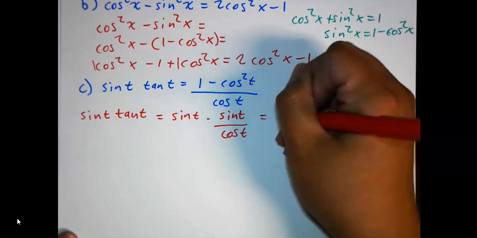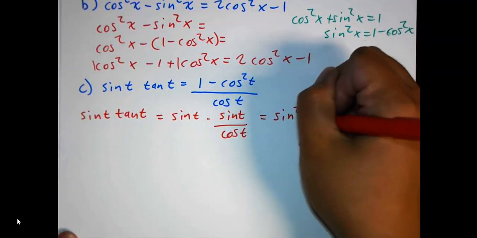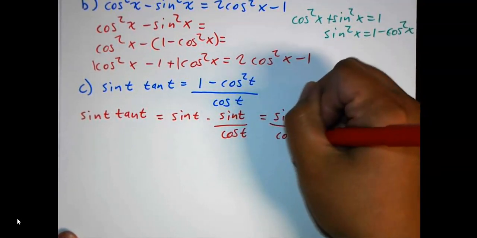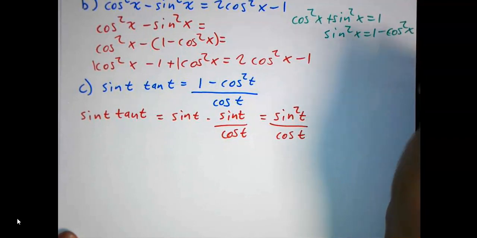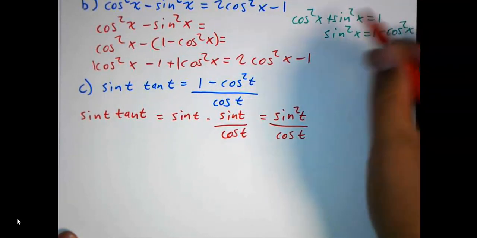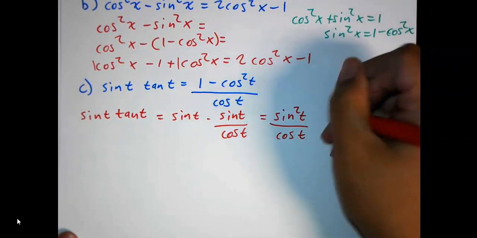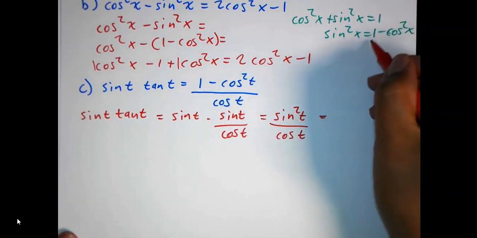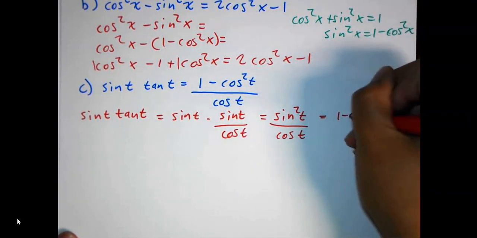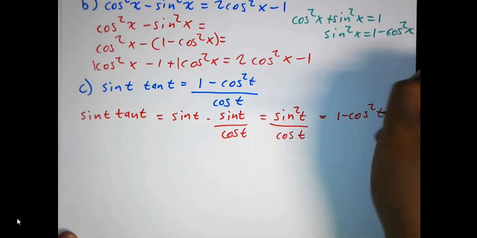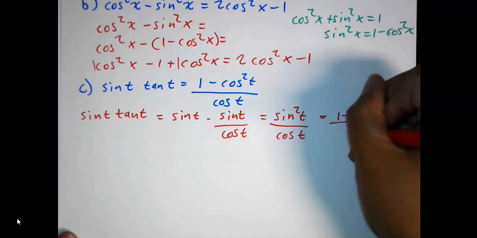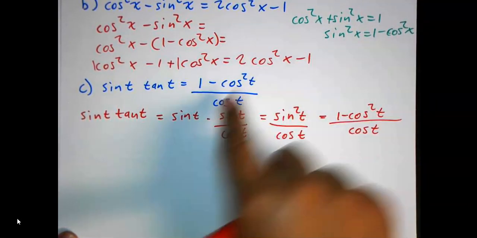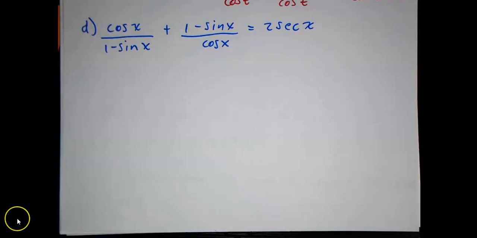We multiply. Sine times sine will give me sine squared of t over cosine of t. From this previous one up here, I'm going to use it again. So instead of sine squared, I'm going to put 1 minus cosine squared. I'm going to change the variable because now I'm using t. And that's where I wanted it to end.